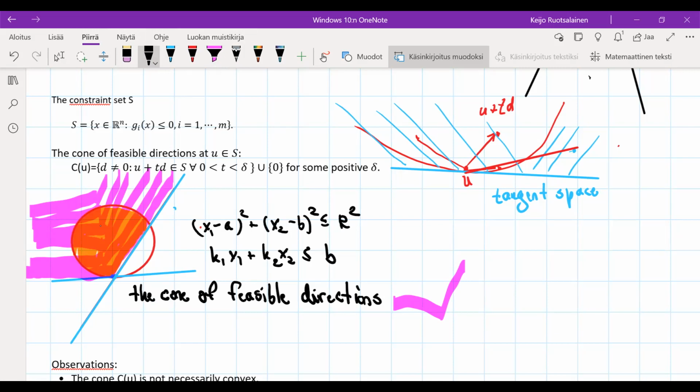So what about if the point is inside the constraint set? What is the cone of feasible direction? It is the whole space, because if you are inside the constraint set, for example here, you can go into any direction. So it's the whole space.